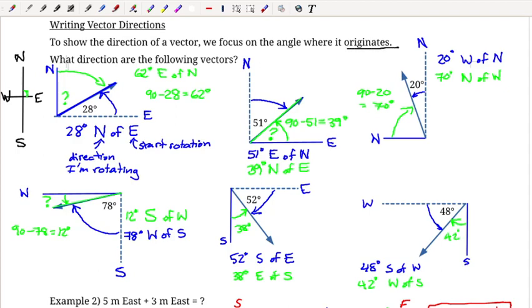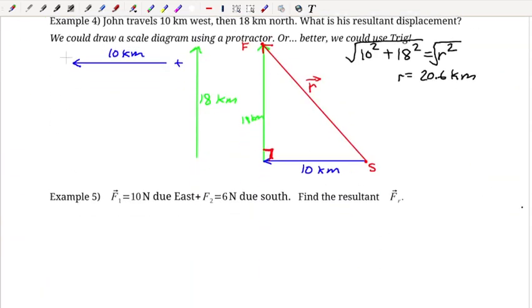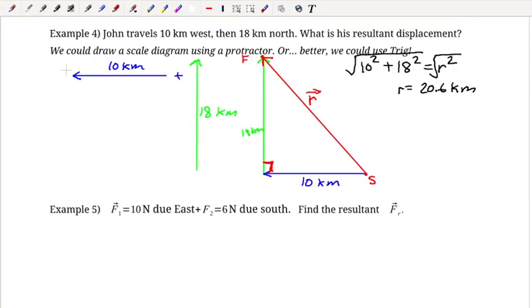So that's going to be true in all my vector diagrams as well. I want the angle where the vector starts. So I need the angle at the tail of my vector, which is right down here. This is the angle that I'm looking for. I'm going to call that angle theta, just so I know where I'm referring back to.